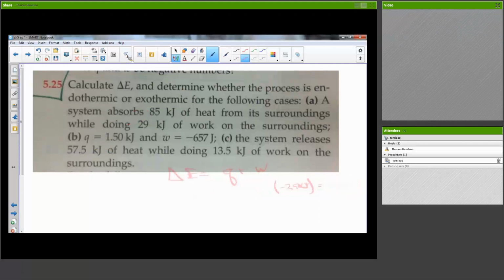Part B, same idea. This one's nice. Let's see, delta E equals Q plus W. And it just gave you the signs. What was the trick here? All right. I'm going to convert this one. If you convert it the other way, it won't matter. So I'm going to convert this. So I have 1.5 minus, plus minus 6, or 0.657.